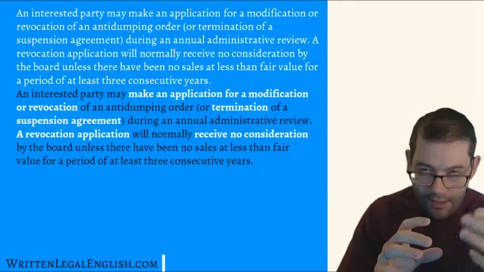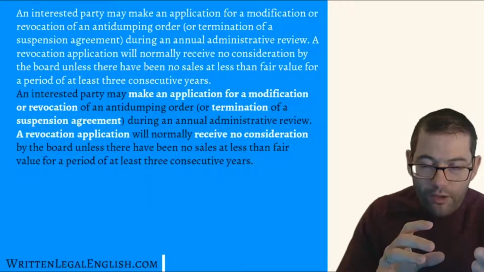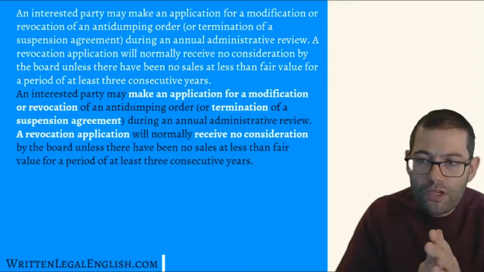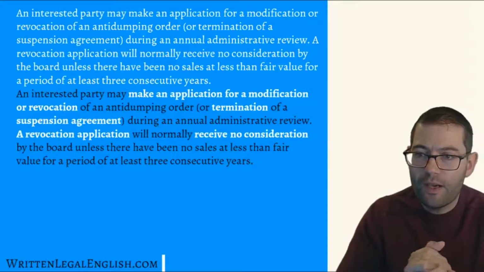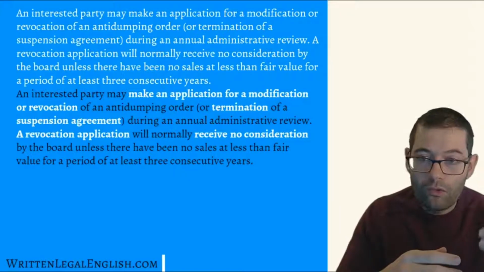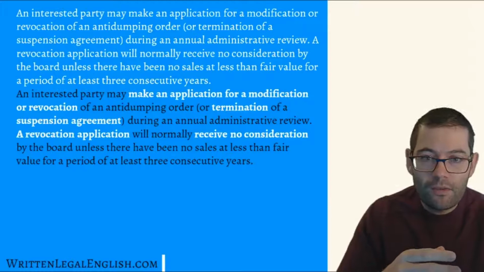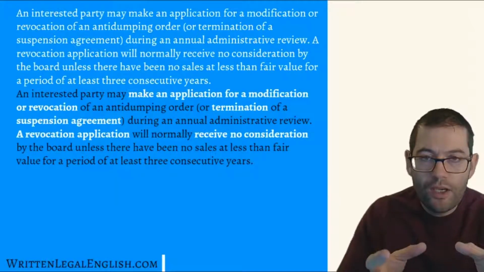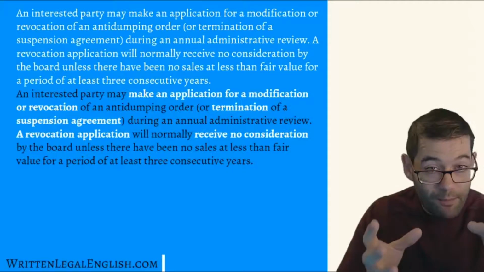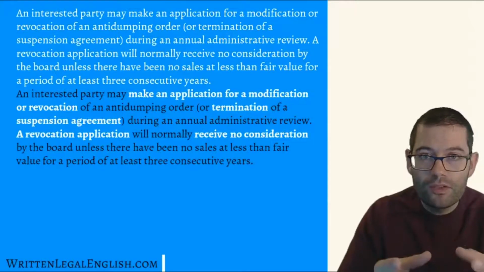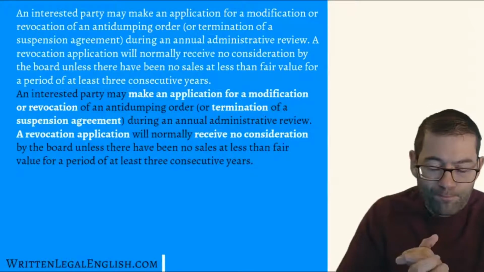And remember, verbs are stronger words of communication than nouns. So we could redraft this to say, an interested party may apply to modify or revoke an anti-dumping order. And suddenly we get a much stronger sentence, and that much stronger sentence not only communicates the message a lot better, but also uses fewer words.